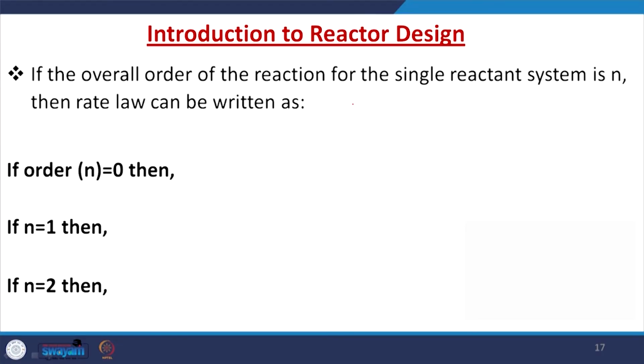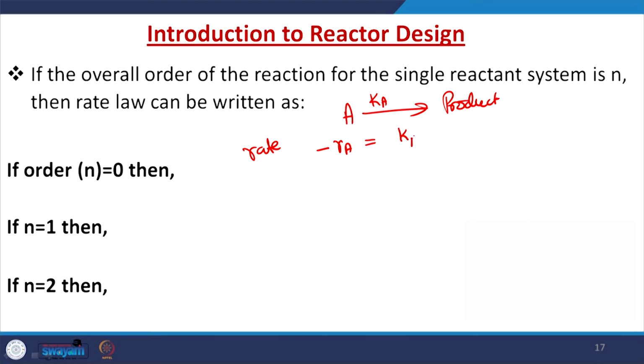Now, if the overall order of the reaction for a single reactant system is n, then you can write the rate law as minus Ra is equal to Ka Ca to the power n, where the negative sign is there because A is being consumed.